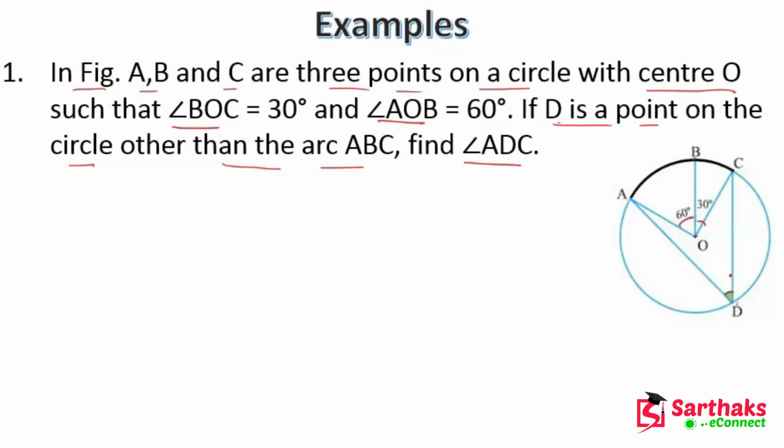Now angle AOC is angle AOB plus angle BOC, which is 60 degrees plus 30 degrees, so we get 90 degrees.